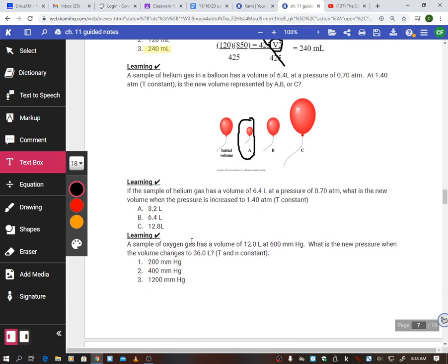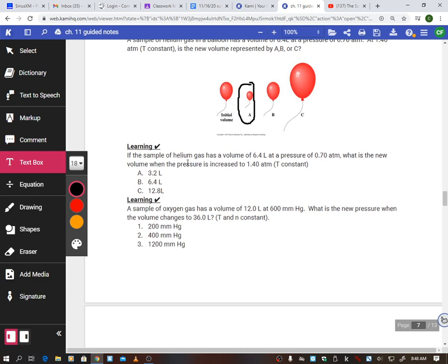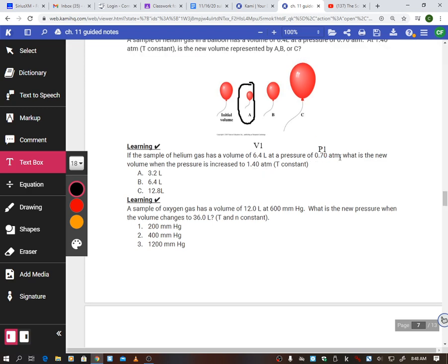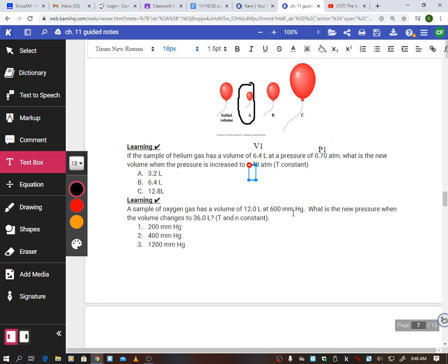All right, let's go down to this next learning check. So this is basically the same problem with the balloons up there. It is the exact same problem. It's just now they want to know, what is your new volume? So I've got my initial volume, I've got my initial pressure, my V1 and my P1. And now make sure that these match, atm and atm, so I don't have to do any conversions.